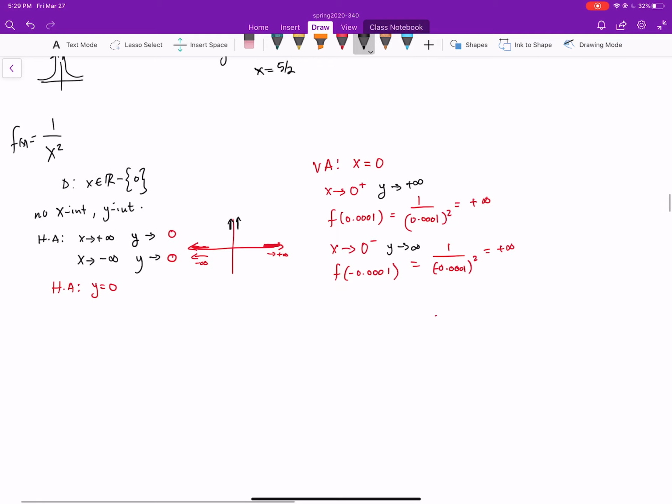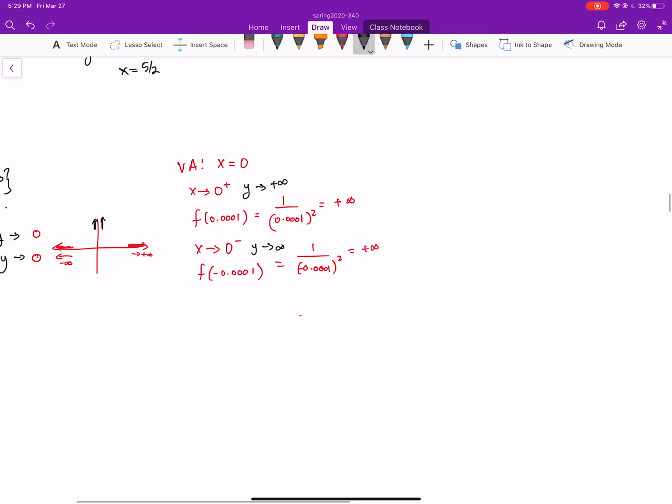So using my prior knowledge, we can clearly see that the graph looks like this. It's got a vertical asymptote at x equal to 0, the horizontal asymptote at y equal to 0, and you have this behavior happening near 0, and then the end behavior behaving in this manner.